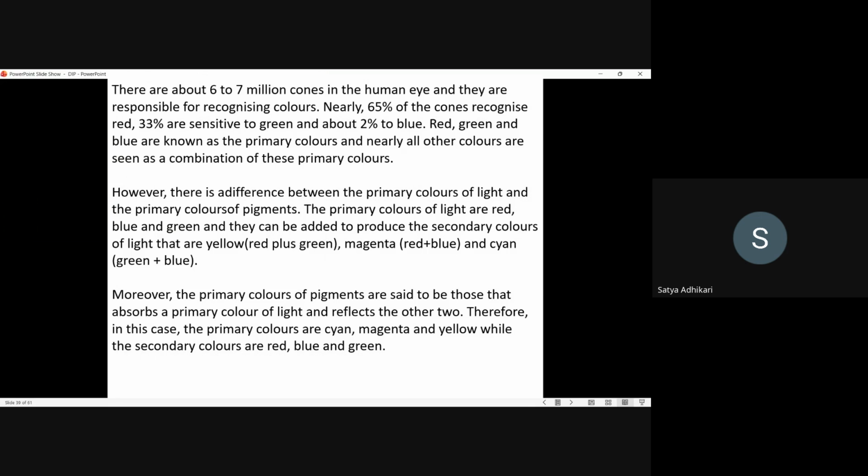Yellow is formed by red and green, magenta is red plus blue, and cyan is green plus blue. The primary colors of pigment are those that absorb a primary color of light and reflect the other two. In this case the primary colors are cyan, magenta and yellow, while the secondary colors are red, blue and green.